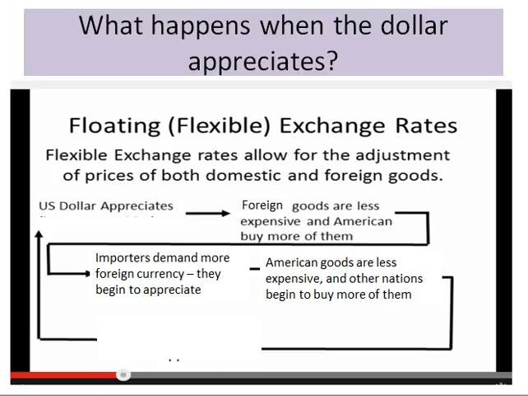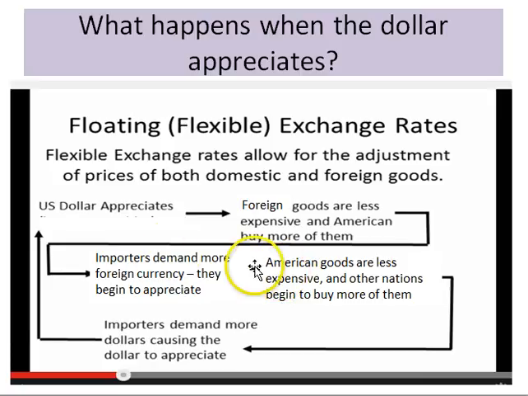And so we begin to have an equaling out as we get toward a longer term. Eventually, importers demand more dollars in the very long term, causing the dollar to appreciate because US goods have fallen in value and become a good deal. That takes us back to the beginning, where we see a cycle of appreciation again.